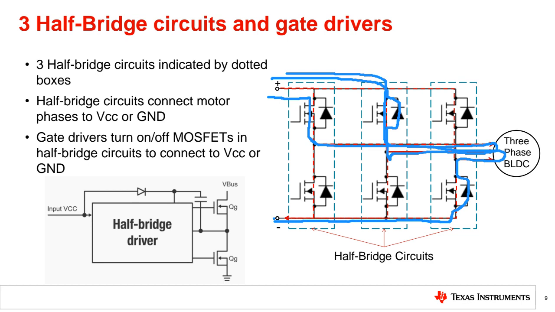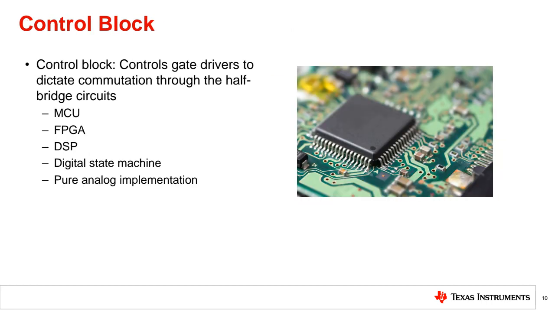There needs to be a control block that dictates commutation and controls the gate drivers. You need to generate signals for your gates. Also, you need to receive a signal from an encoder, a resolver, or a Hall sensor. You also need to develop a current control algorithm and a speed control algorithm for your application.